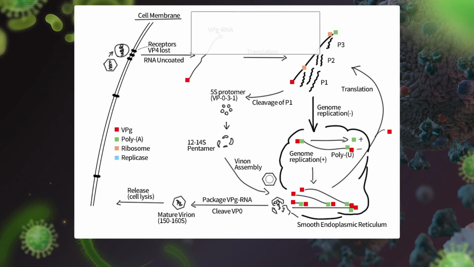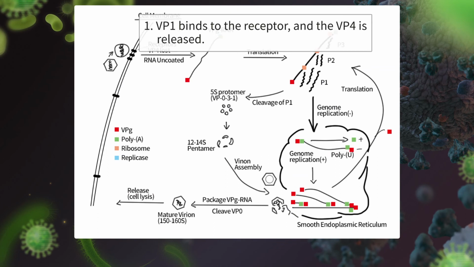Replication. 1. Receptor. VP1 binds to the receptor, and the VP4 is released and the capsid weakened. The genome is then injected directly across the membrane. 2.